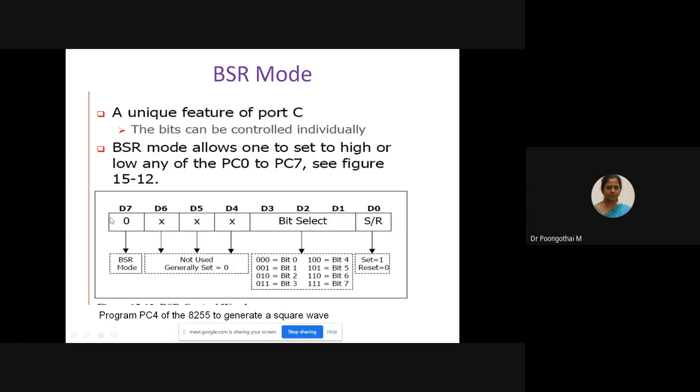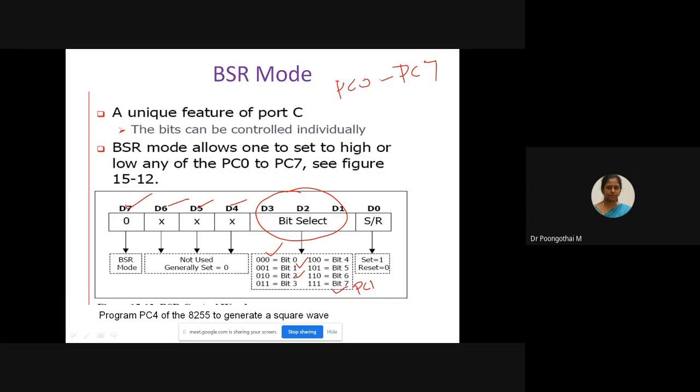The D7 bit is 0, and D6, D5, D4 are undefined, not used. The next three bits are used for bit selection. We have 8 bits in port C, from PC0 to PC7, and the bits can be selected using this table. 0, 0, 0 means PC0 is selected; 0, 0, 1 is PC1; 0, 1, 0 is PC2; likewise up to PC7.